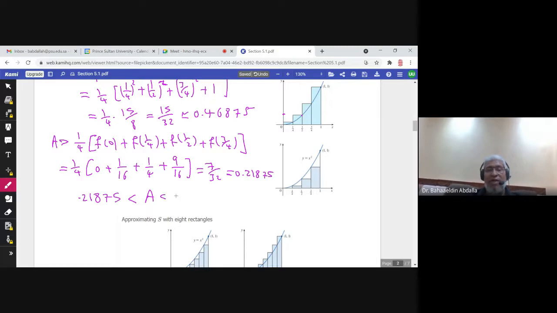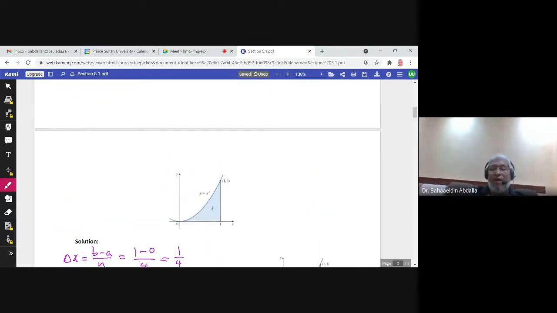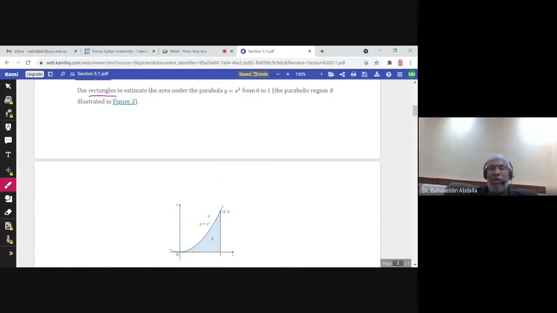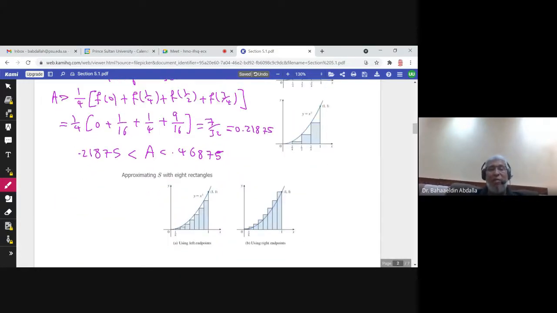So I can say at the end that the area is greater than 0.21875 and less than 0.46875. So using 4 rectangles, dividing this region into 4 areas and then making rectangles using the left endpoint or the right endpoint, I can estimate that the area is between 0.22 and 0.47.